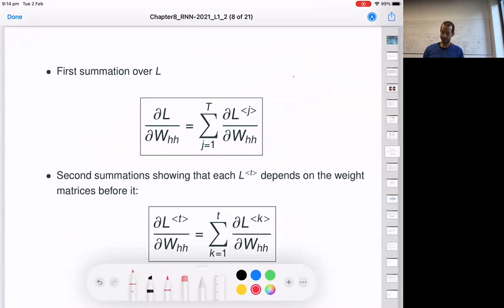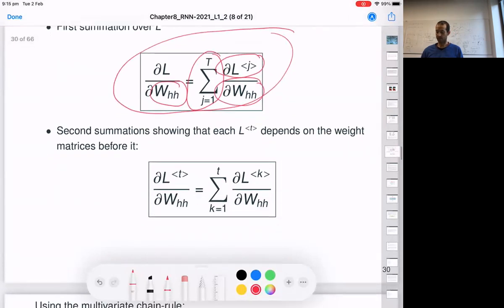First, if I try to do the derivative with respect to W, the matrix HH, I will have the first sum over all the time t, and I have the derivative of each one.